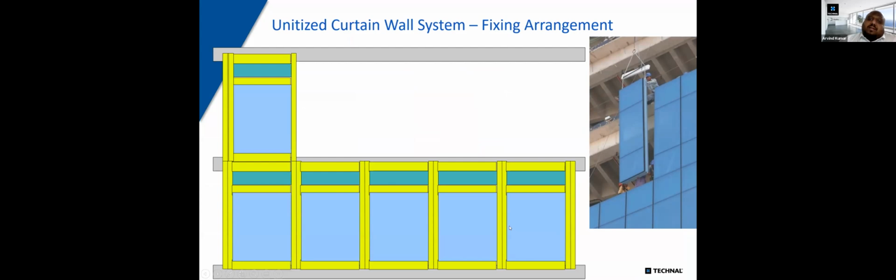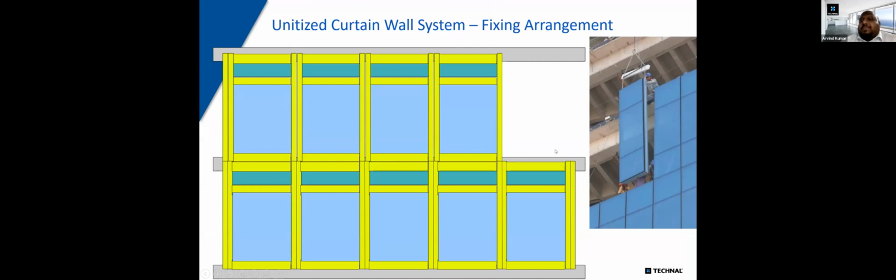So let's talk about the fixing arrangement of unitized curtain wall system. Unlike the stick curtain wall system, here we don't need any formwork. So you don't need any kind of site access equipment and so on. You literally have 3 people on one floor and 2 people on the other floor. You bring these panels completely fabricated from the factory, and you start installing them in panels.